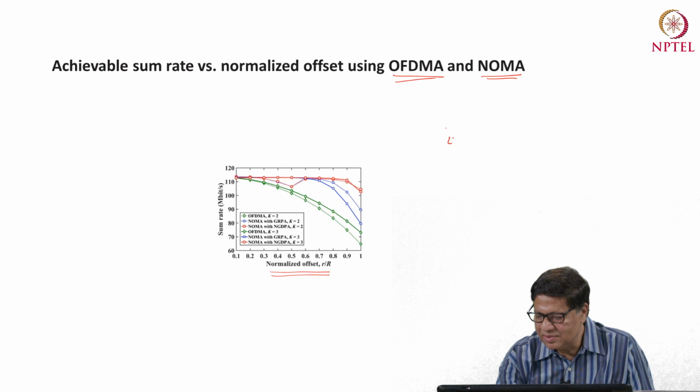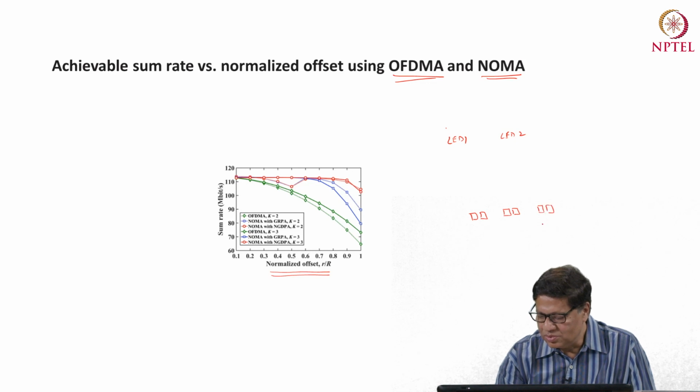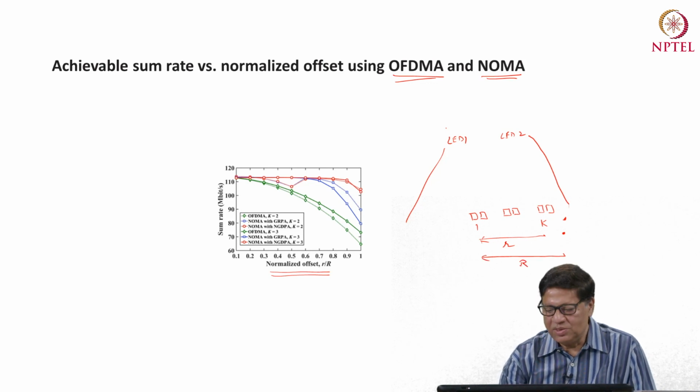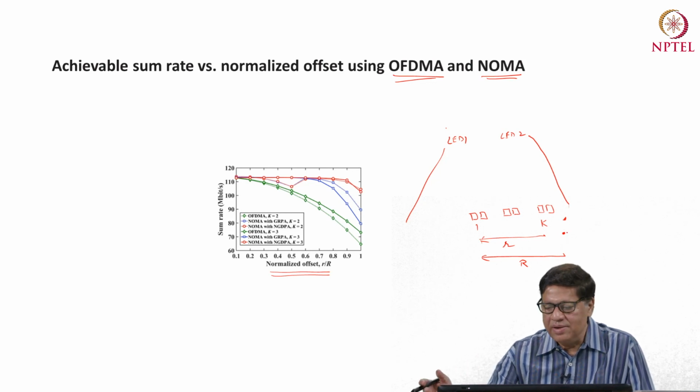Remember we had this as the system model, LED 2, 1, and we had user 1 here. This is user 2. This is user K. So this distance was small r, and this has a footprint up to this point, and the maximum distance will be capital R. So when r divided by R is equal to 1, that means the user is at the extreme end.